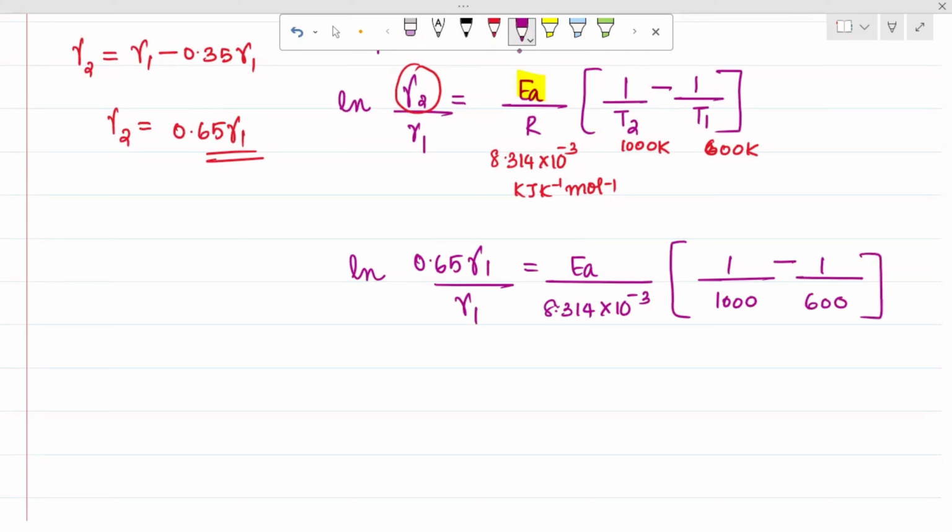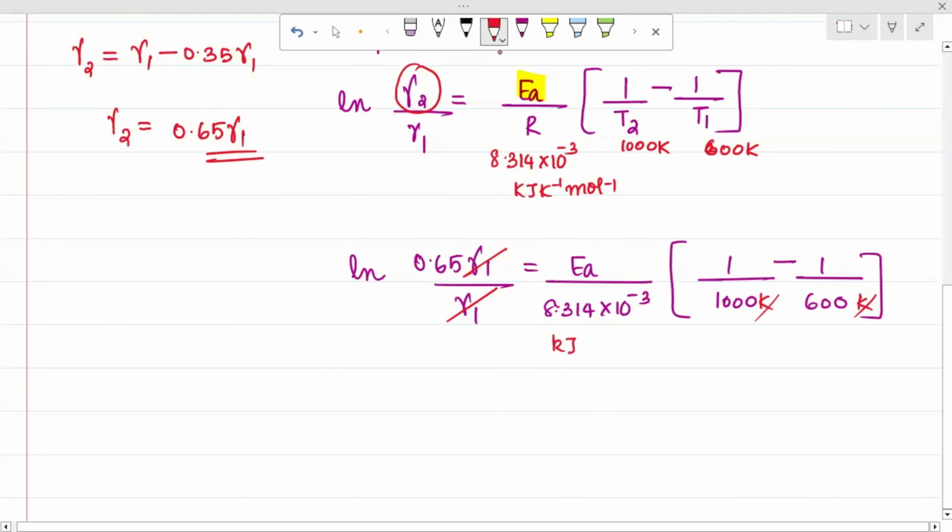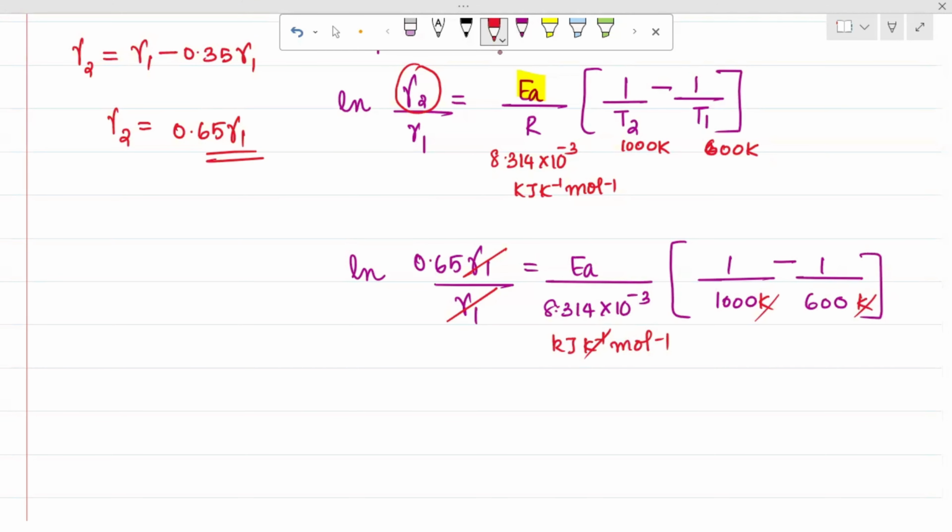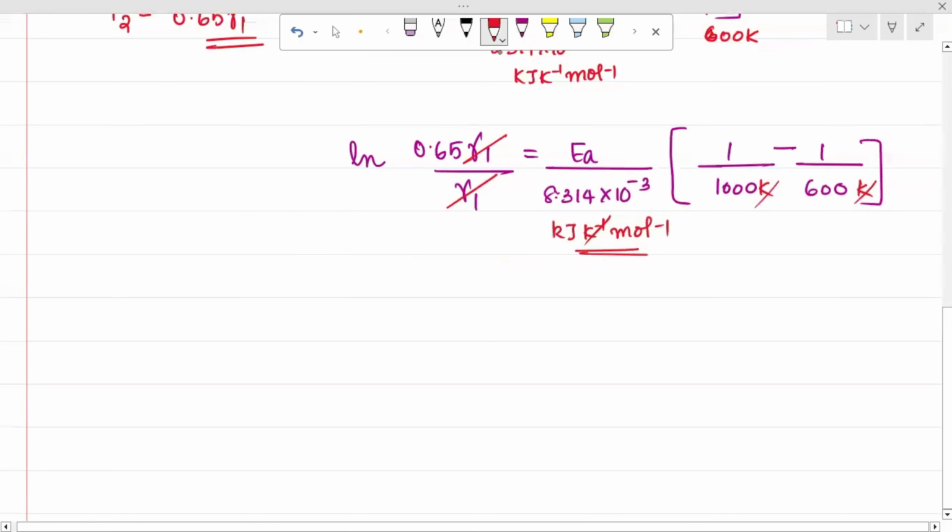Gamma 1 and gamma 1 get cancelled. Here the temperatures are in Kelvin, and the units of R are kilojoules per Kelvin per mole, so per Kelvin and Kelvin also get cancelled. At last, what you have is kilojoules per mole. So you can rearrange this. I hope you understand how Kelvins got cancelled.